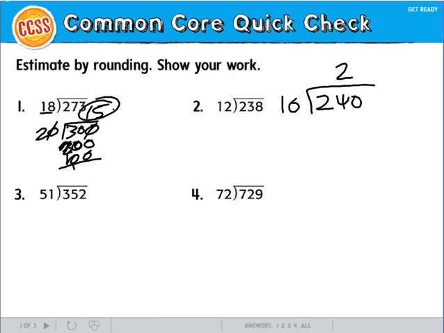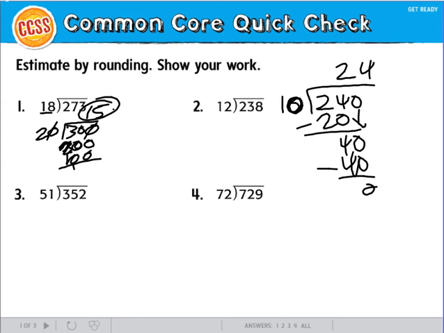Why is it 16? Okay. This is 50. 350. 5 goes into 35 7 times.